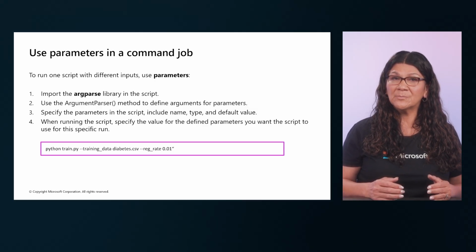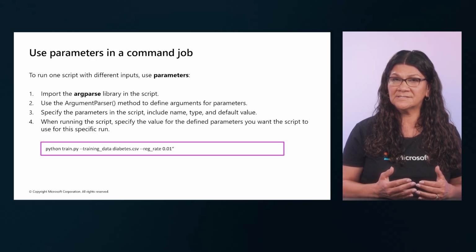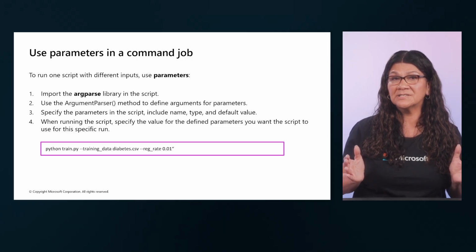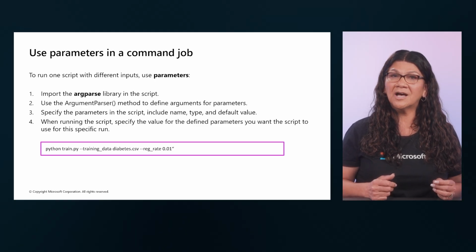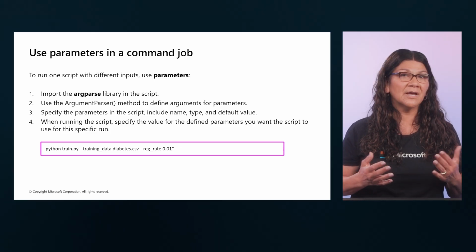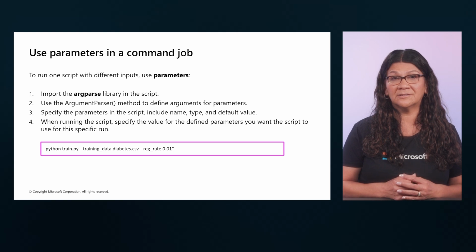You run the same command with different arguments to generate multiple comparable runs. Best practice here is to keep parameters explicit and well-typed, set sensible defaults, and log parameter values, for example with MLflow, so every run is reproducible and easy to compare later.